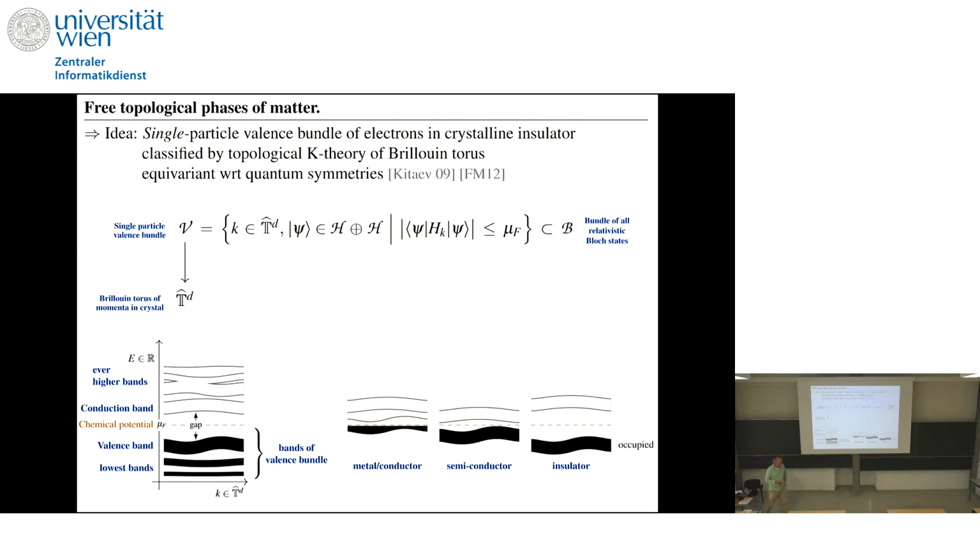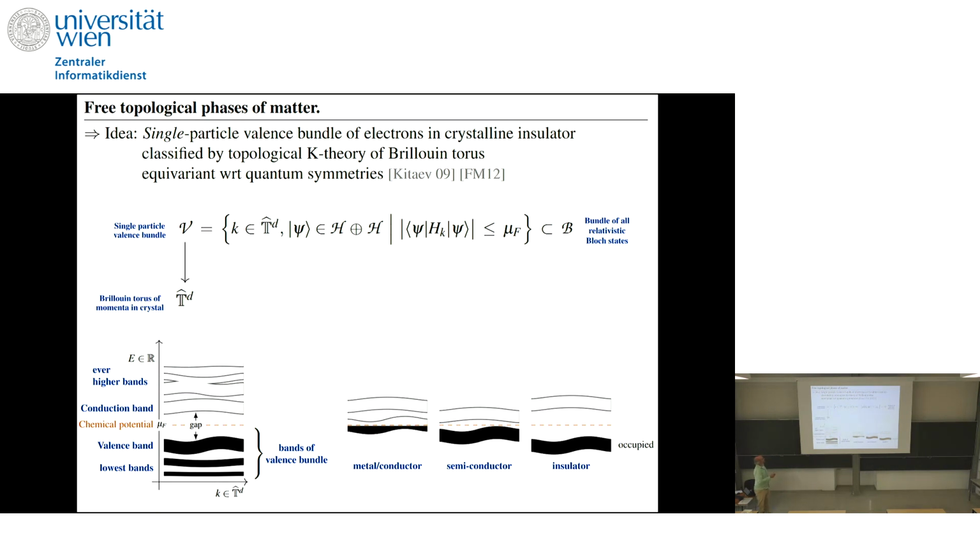And so this is the old idea of Kitaev, going back to Kitaev. The idea now is that in solid state physics, suppose you have a non-interacting system. You suppose in its ground state, the crystalline material, you just fill up the single electron states until you reach the Fermi energy.